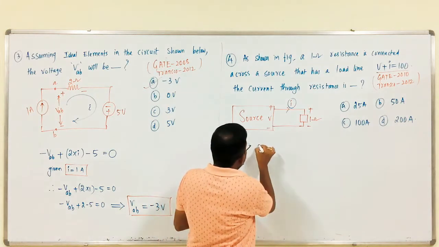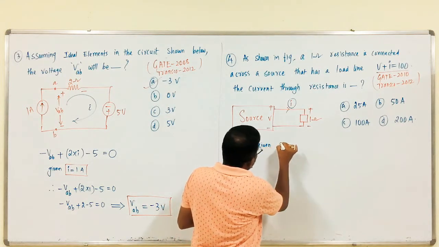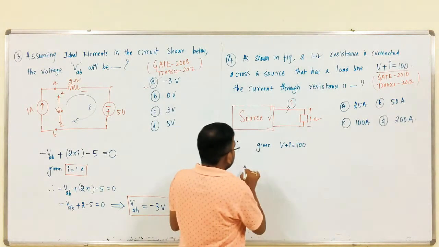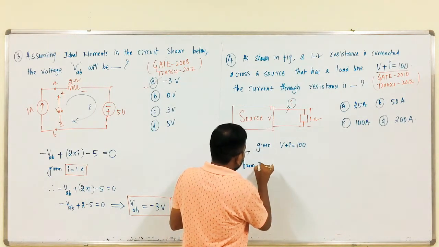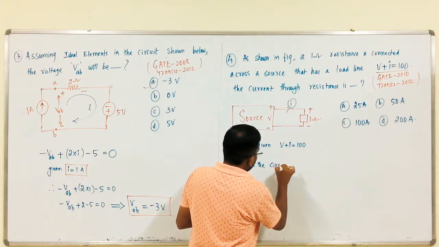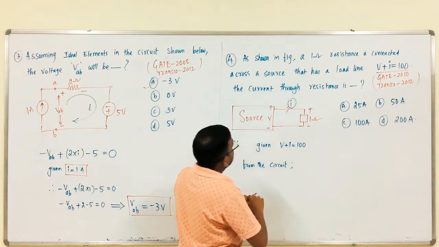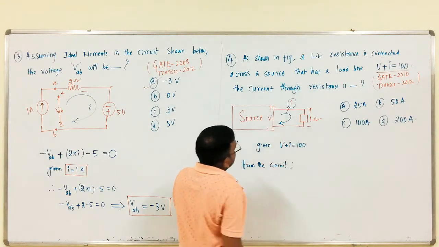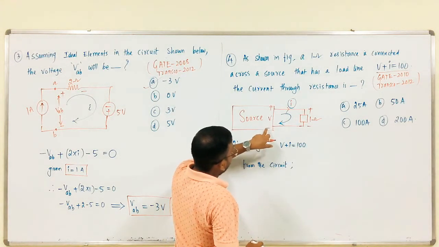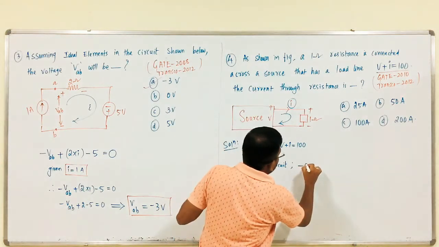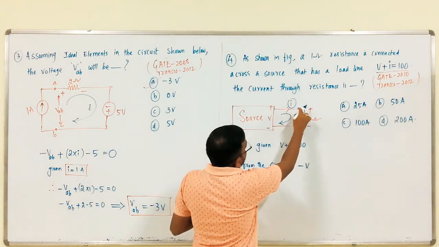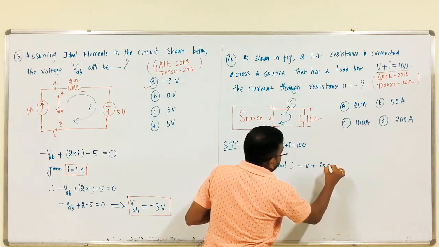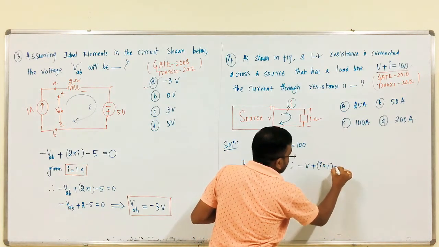So, given V plus I is equal to 100. From the circuit, see the current direction like this, clockwise. Starting from this voltage source, negative to positive, minus V, positive to negative, plus I into the value of resistance, 1, which is equal to 0.